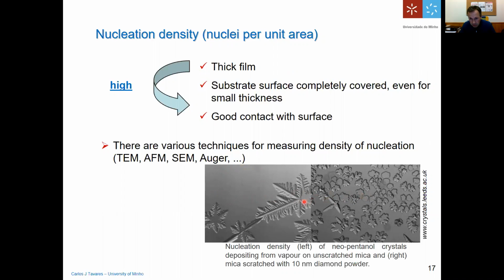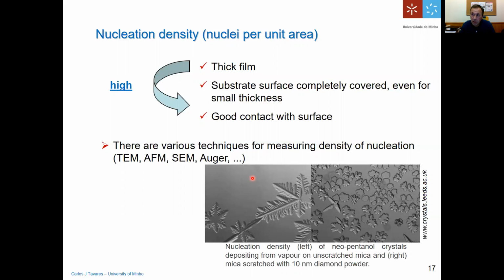So what's happening? The material is the same, it's neopentanol, and the substrate is also the same, it's mica, okay? So mica is a mineral which can be easily delaminated, and you can have very nice flat surfaces, which are great for using it as a substrate.